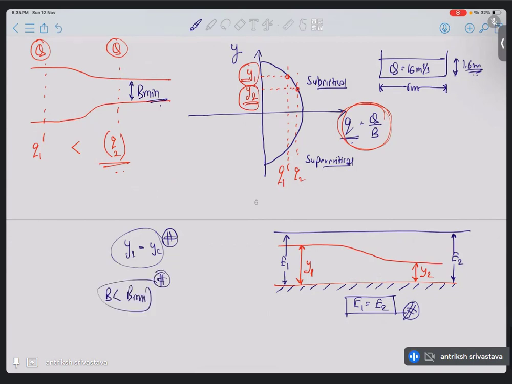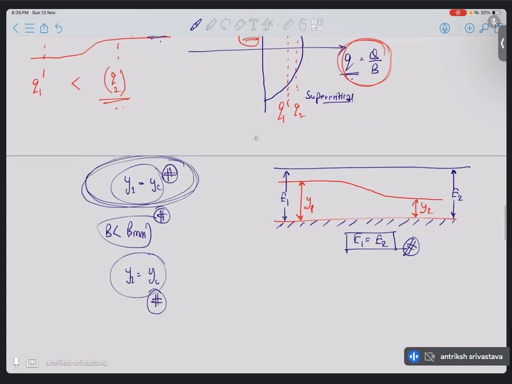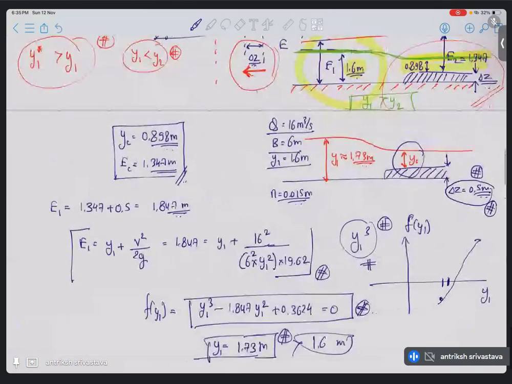In that case, y2 is going to again be yc, but this yc is not going to be the same yc as earlier. So in case of our channel hump, the yc remains the same, right? The critical depth remains the same when we provided different or higher values of our delta Z.